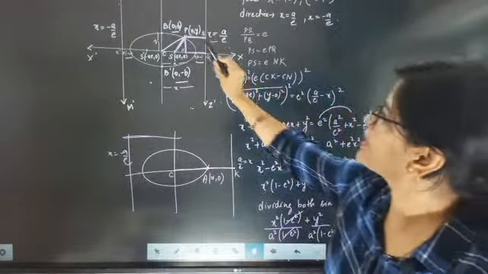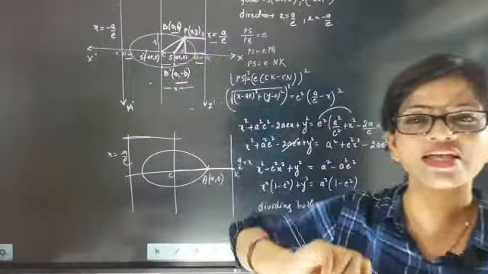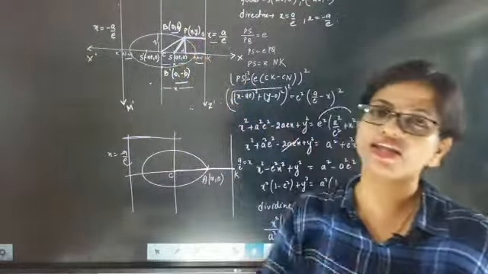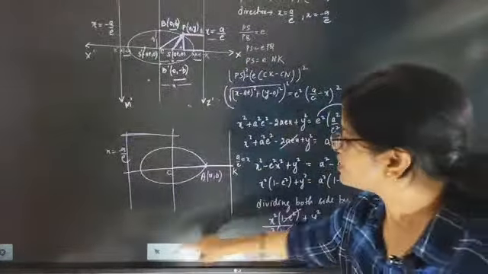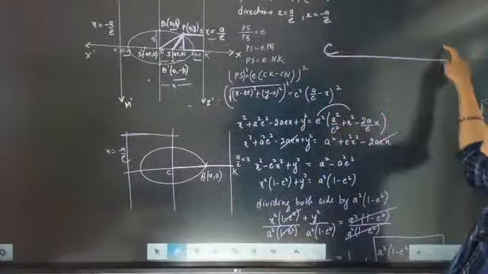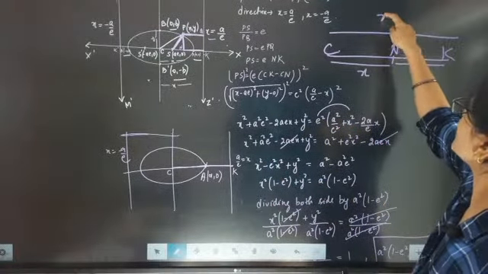And instead of PM I wrote NK, because PM is parallel to NK and PM equals NK. Total CK is there, and in between N is there. Here to here the distance is x, and here to here we don't know, and the total is a by e.